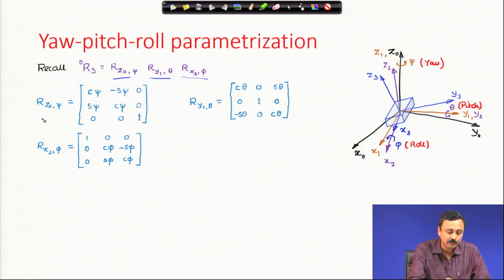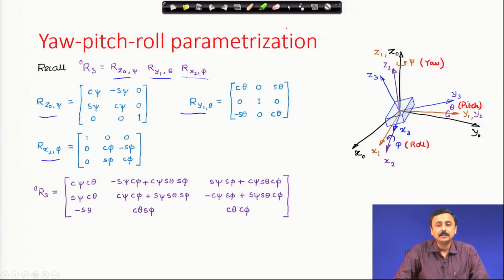The fundamental rotation matrices were all written, and we finally wrote out this rotation matrix from frame 3, which is fixed to the body, to frame 0, which is the inertial frame.